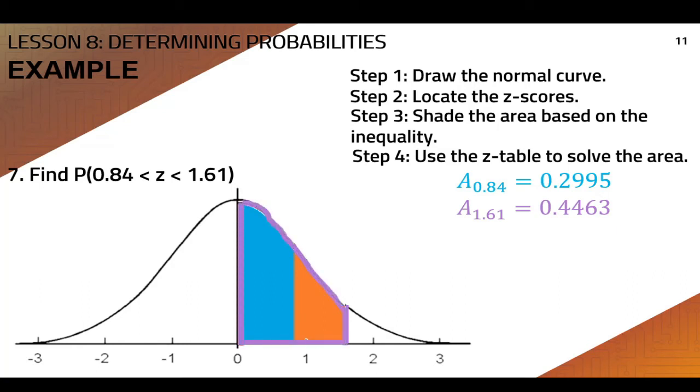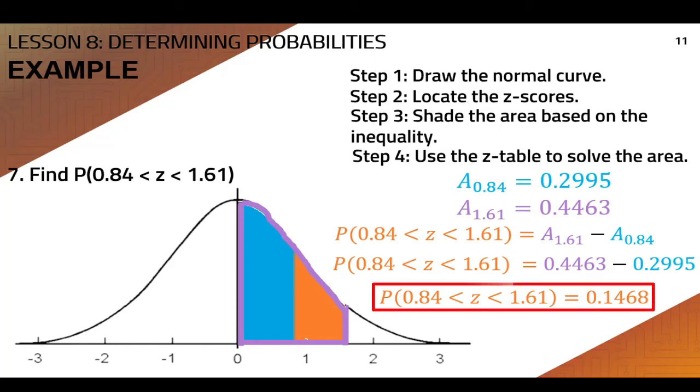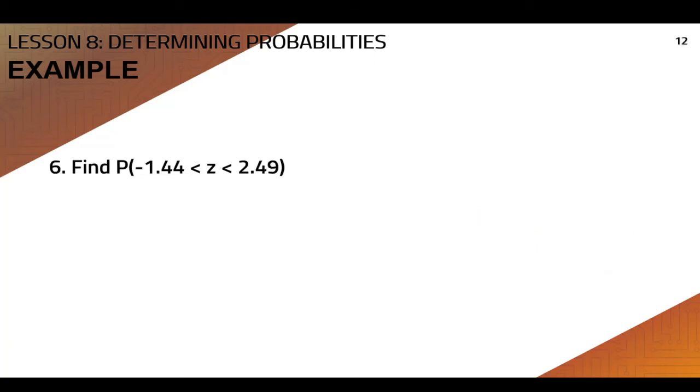Ayun. So, high minus low lang tayo. Anong makukuha nating sagot? Very good. 0.1468. Ayan.